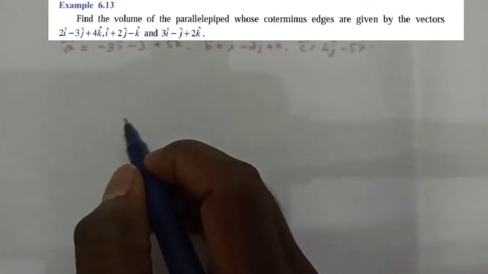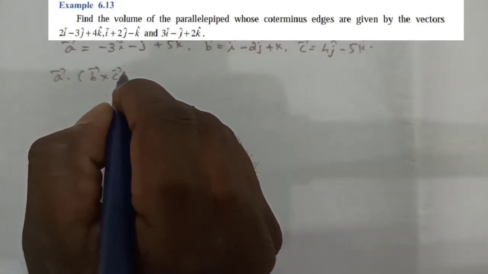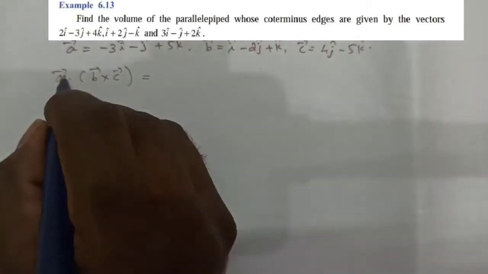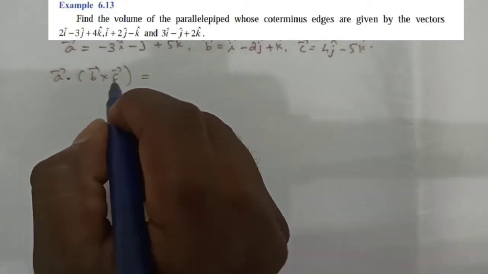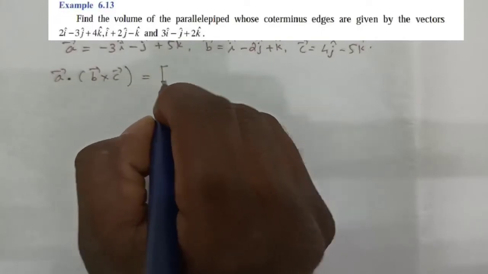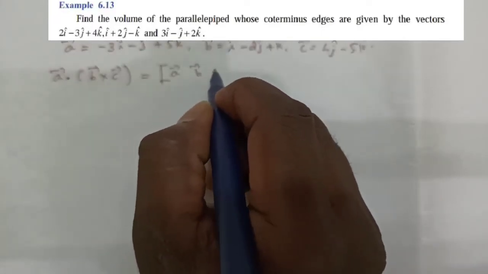Okay, here we have to find A vector dot B vector cross C vector. We know that this value is nothing but the scalar triple product. We can write it as the box product of A vector, B vector, C vector.